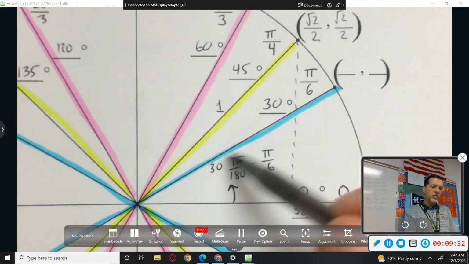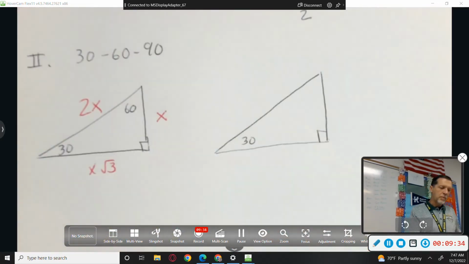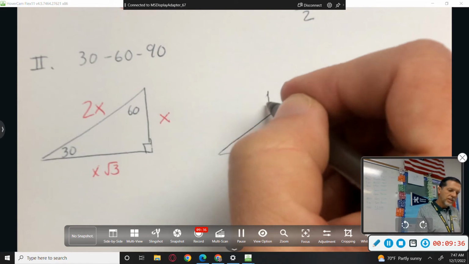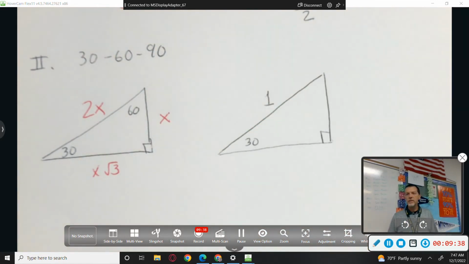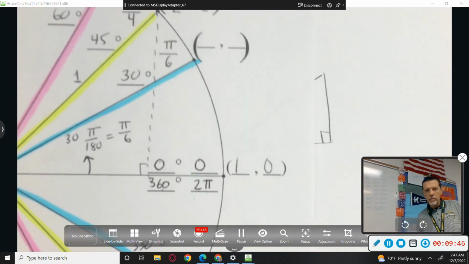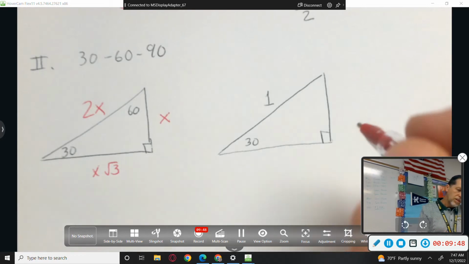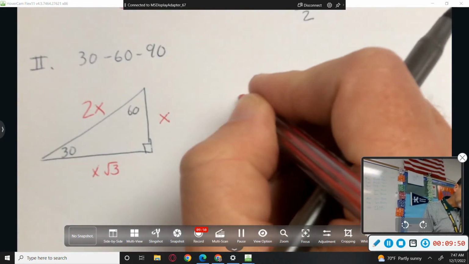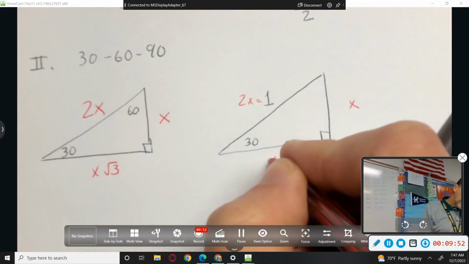The hypotenuse is 1, because all the hypotenuses are 1. And then if I can figure out the other sides, I'll know the coordinates, peeking back at the unit circle. So let's label the pieces: x, 2x, x square root of 3.